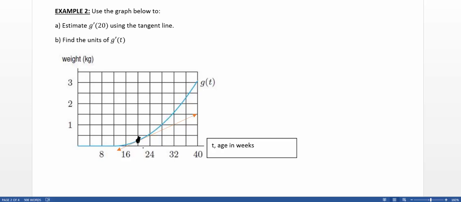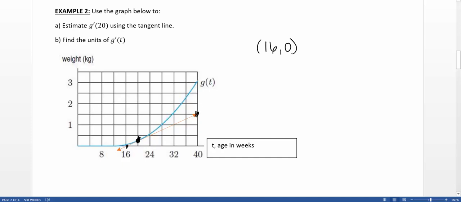And again, I can pick any 2 points I want that it appears the tangent line is going through. However, I want to try to pick them so that my calculation is as easy as possible. So here, if I look carefully at my tangent line, it looks like it's going to go through the point 16, 0. So the left endpoint right here looks like it goes right through here.